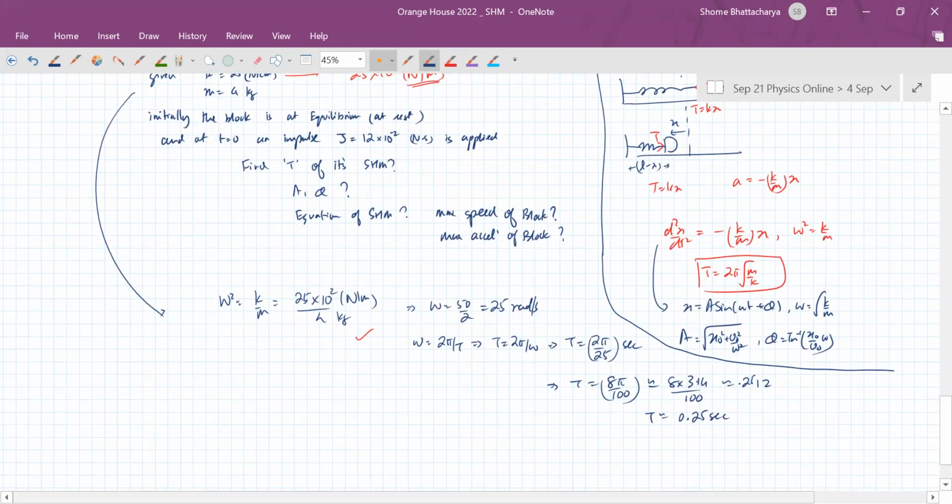Now you can see that when we apply this impulse at t equal to 0, this will result in the block starting to move like this with a velocity, whereas this is at natural length. So our x naught will be 0. So our v naught with proper sign convention will become minus J by m.